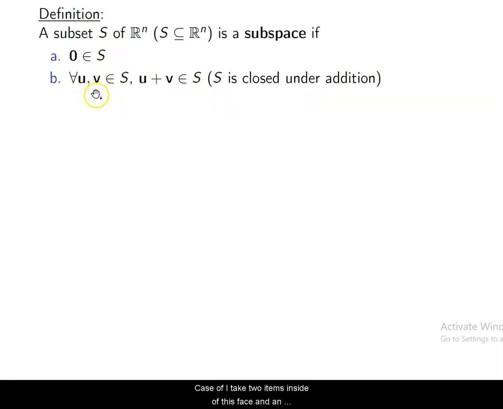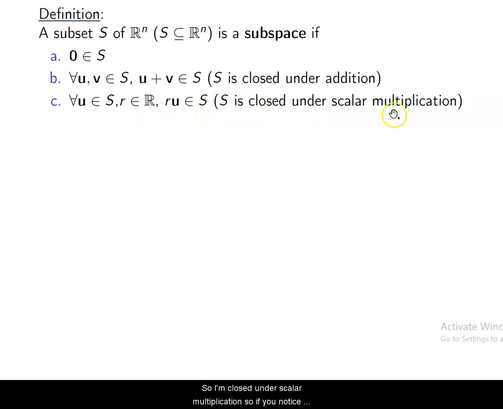If I take two items inside of this space and add them together, I stay within that space. I cannot add things and get somewhere else. Third, for every vector u in S and r being a scalar value, r times u is also in S. So I am closed under scalar multiplication.